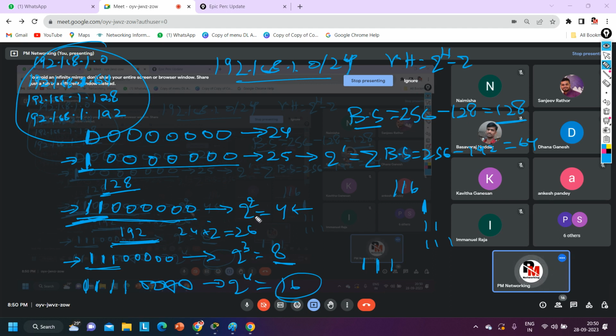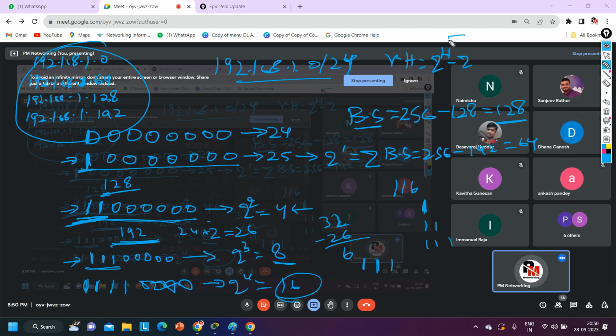Out of a 32-bit IP address, if 26 bits are network bits, then how many host bits are there? 32 minus 26, that is 6.